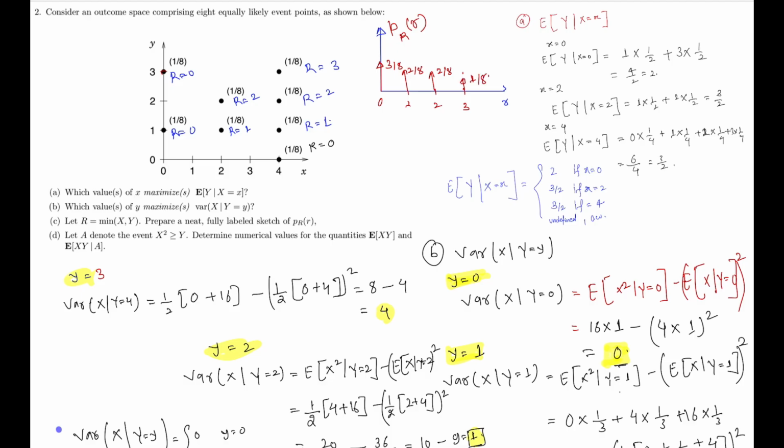Right? So this again has to be a legitimate probability. 3 plus 2 is 5, 5 plus 2 is 7, plus 1 is 8, 8 divided by 8 is 1. So this is the PMF of this new random variable, that is r.